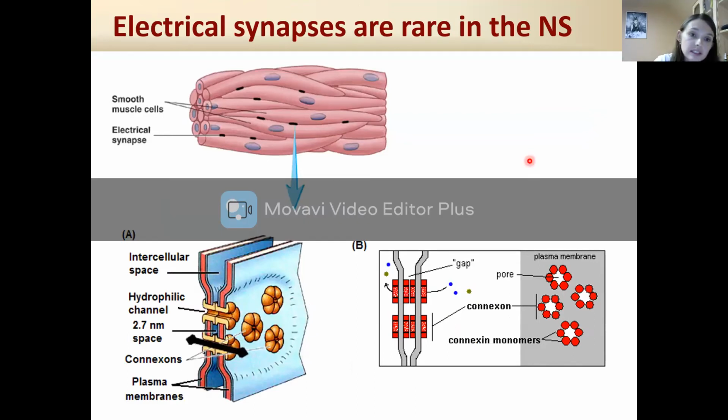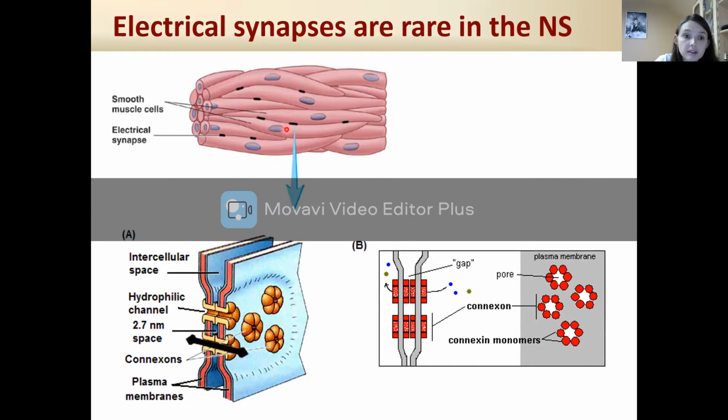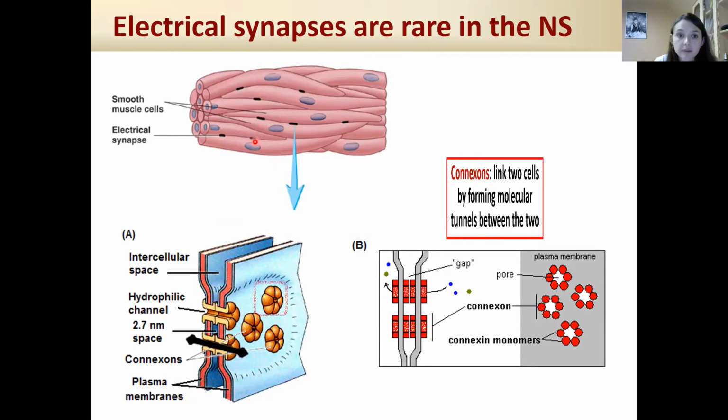In this slide you could see the more detailed structure of connexin, which builds together the gap junction channels. And here you could see an example of bundles of smooth muscles and the electrical channels between the fibers of the smooth muscles.